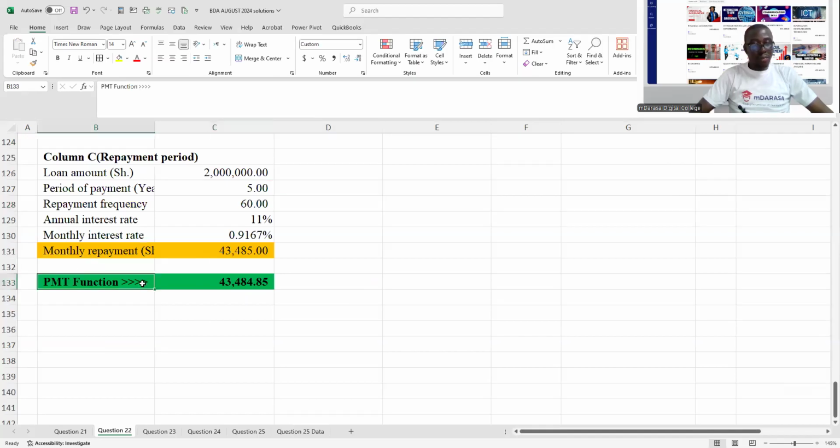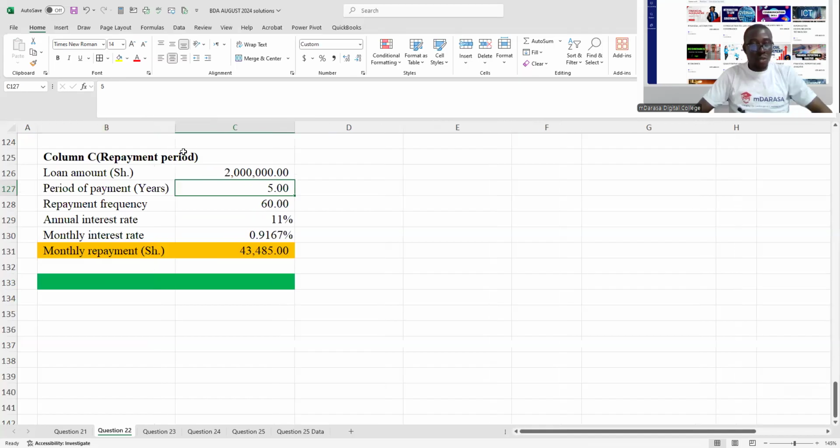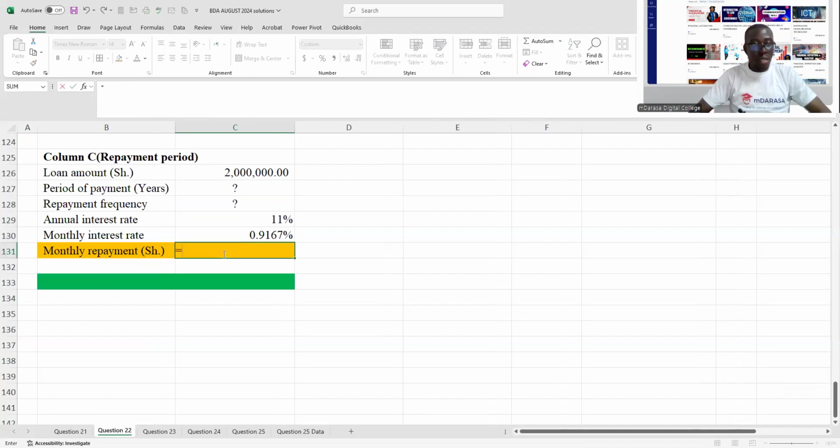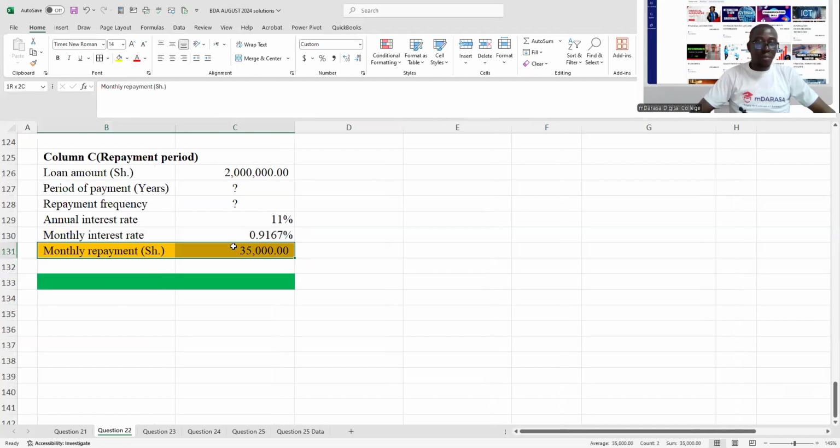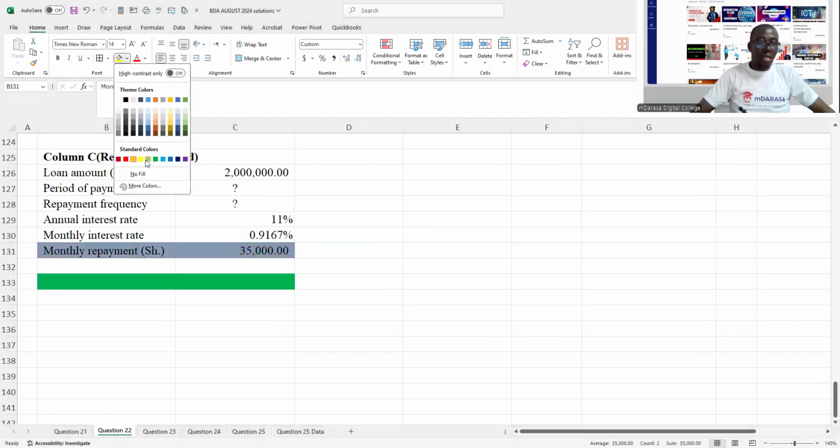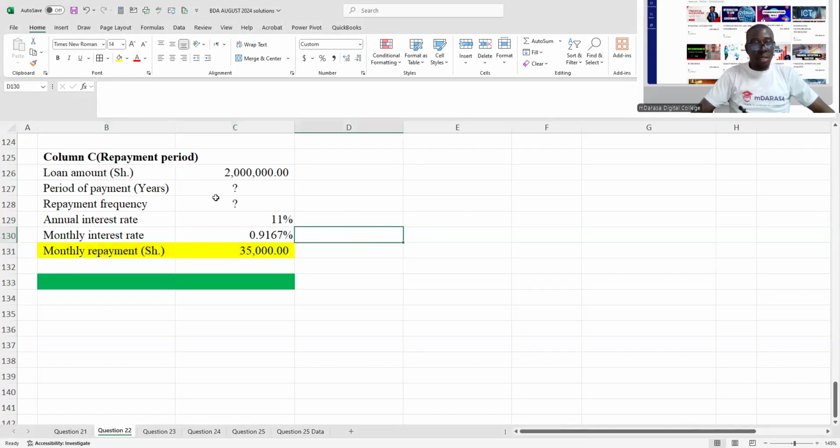All that is changing, my good students, is that we want to determine this value of repayment period, which we don't have, but the rest of the items are given, with the monthly repayment to be at 5,000. So this is what is changing. The good examiner here wants us to determine the period.